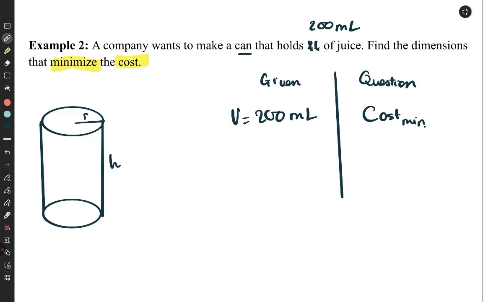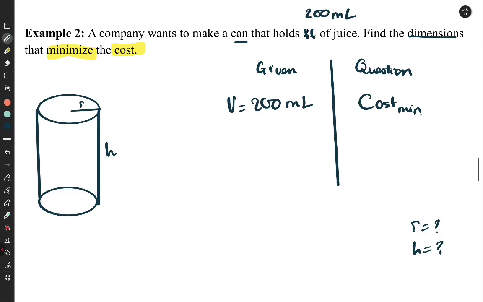What do they want from this? In order to minimize the cost, what do I want to find? Of course, to find the dimensions. Ultimately, this is what they were looking for.